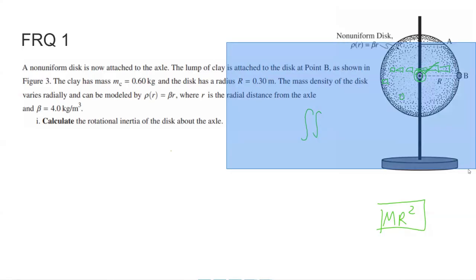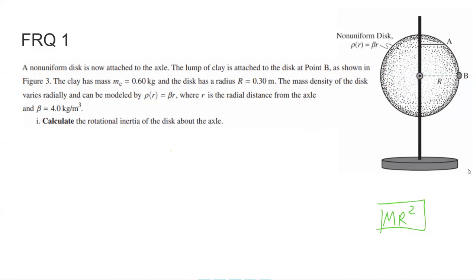Instead, what we've just realized is we know how to find the moment of inertia of a ring. And we also know that for a fixed distance from the axis of rotation, our density is uniform. And so therefore, I will break up my disk into rings.